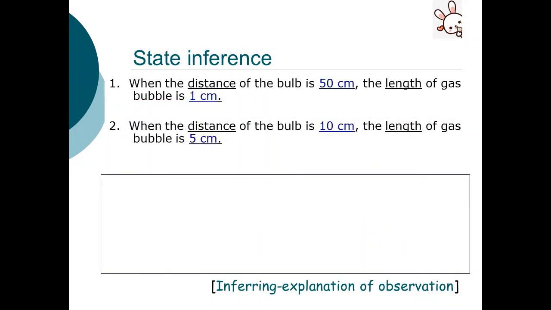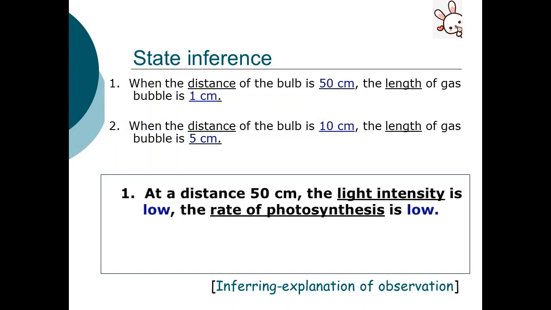Now, state the inference. How to write the inference? Can all of you still remember? This is the way. At a distance 50 cm, the light intensity is low, the rate of photosynthesis is low.